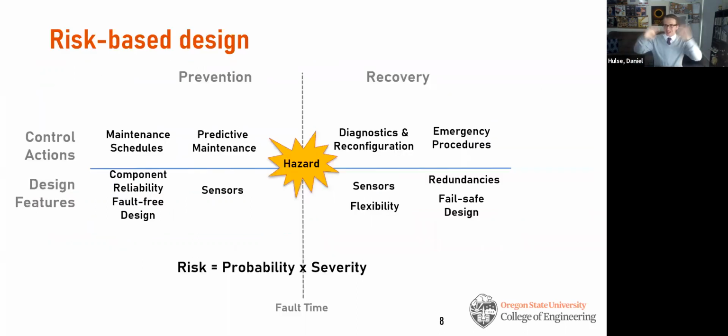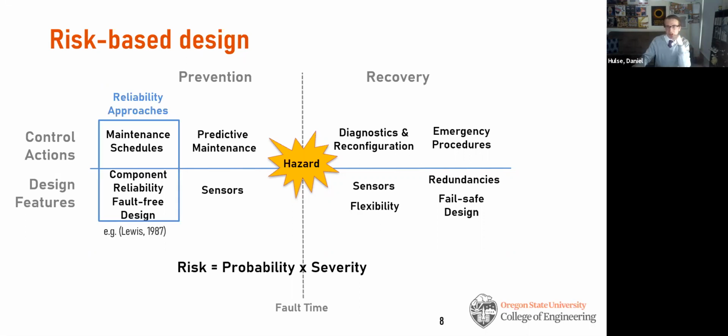So just to give some background before this, to talk about how risk is incorporated in design, in general, there's really two ways you can go at it. First, you can talk about prevention strategies, things like reliability approaches, and then you can talk about recovery approaches, which are, what do you do after a hazard occurs?